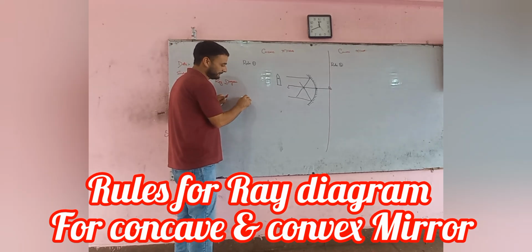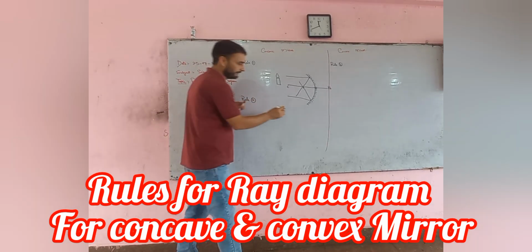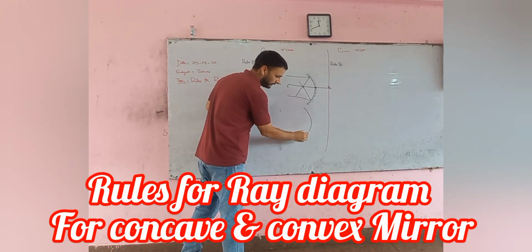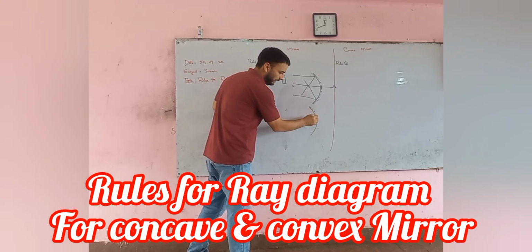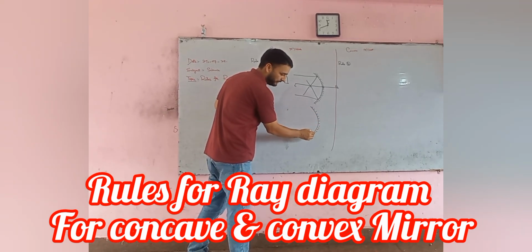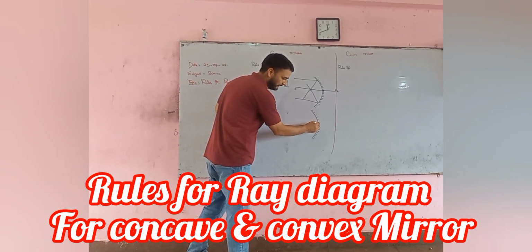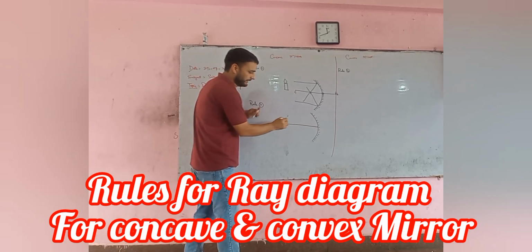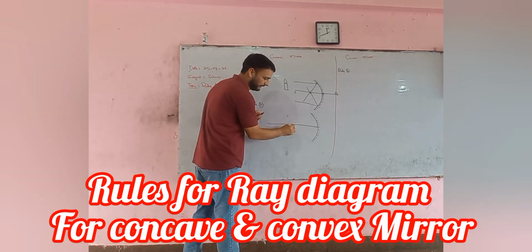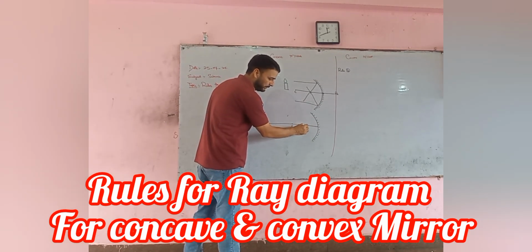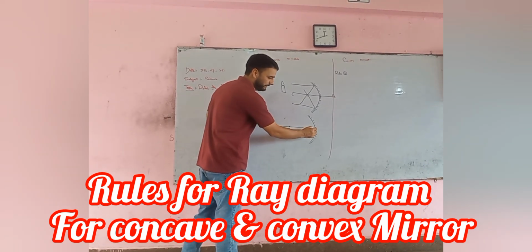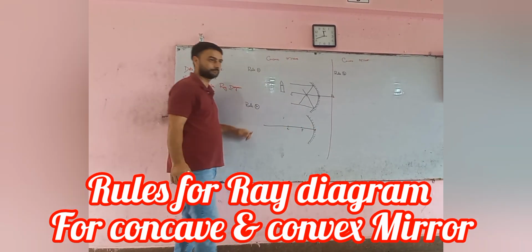Rule number two is this. Again I will draw a concave mirror. The outward surface is polished, and the inward surface is the reflecting surface. Suppose this point is the center of curvature. The principal focus lies between the center of curvature and the pole of the mirror.